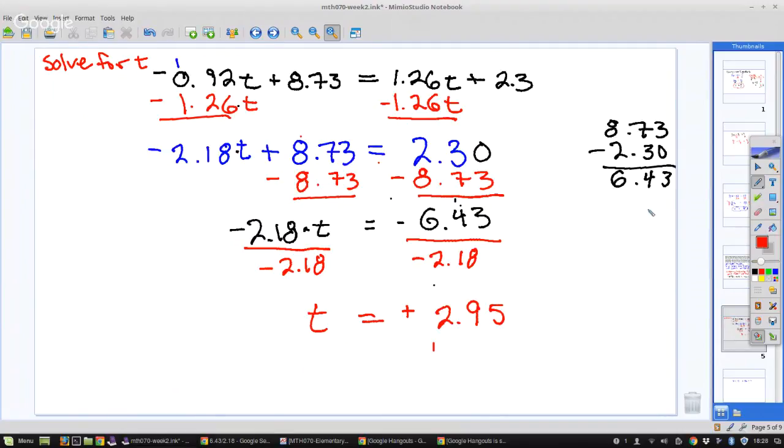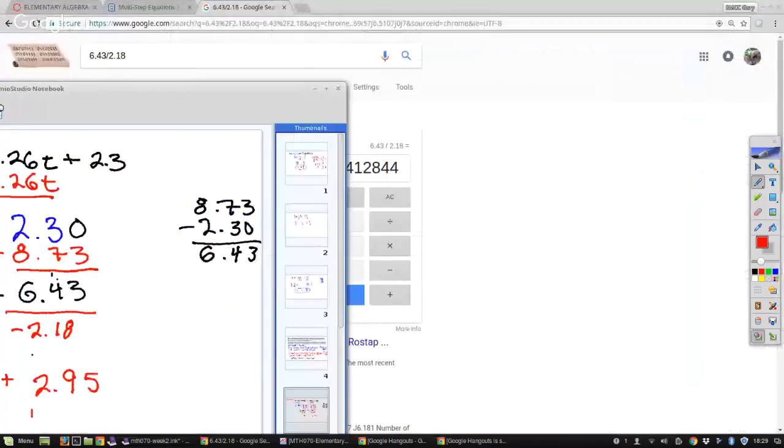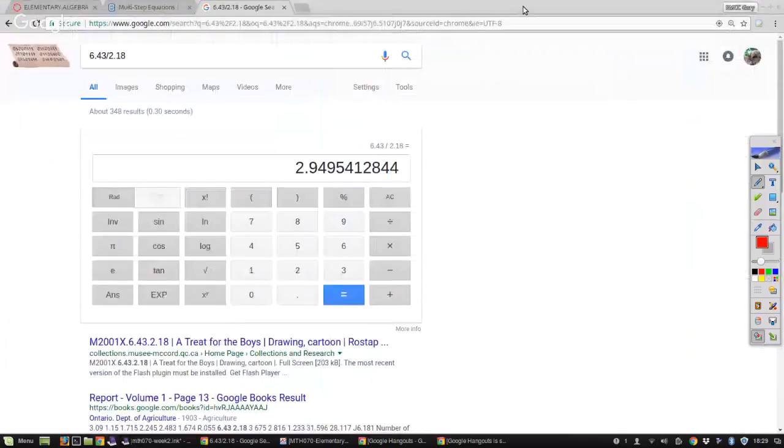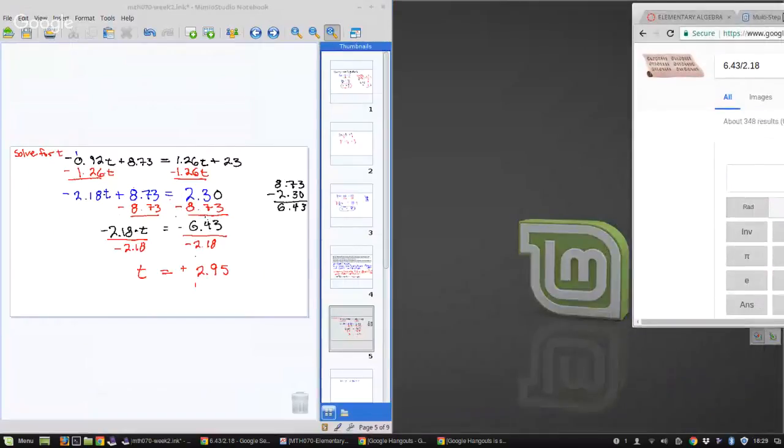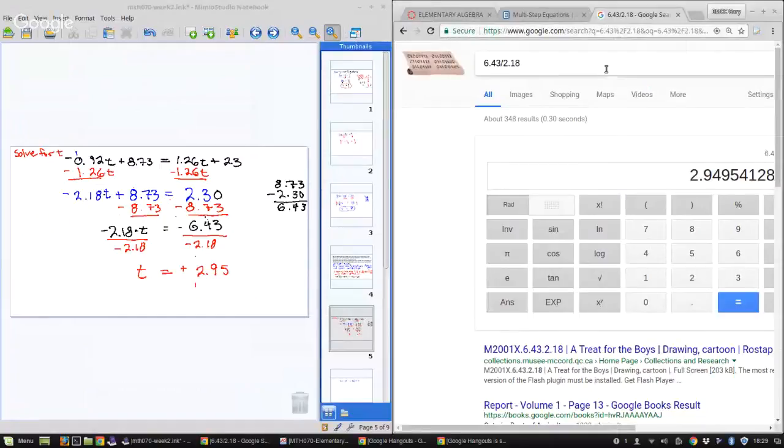Now to check that, I would want to plug that number into each of these and see if they match. Let's see if I can do that. Split my screen so I can see the numbers. So I'm thinking the answer is about 2.95.